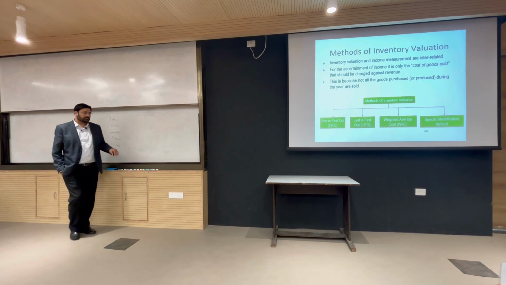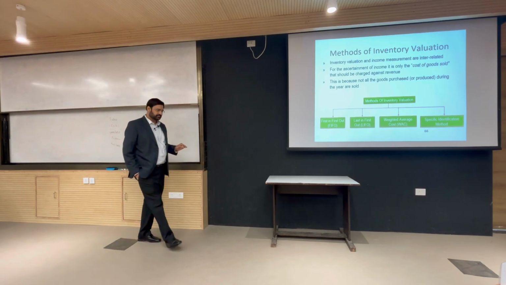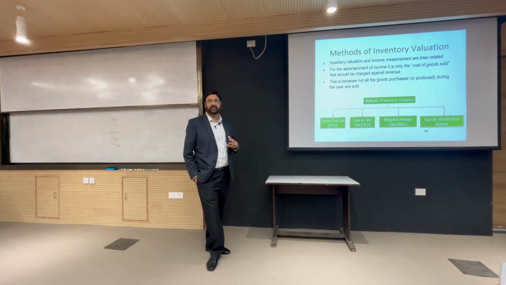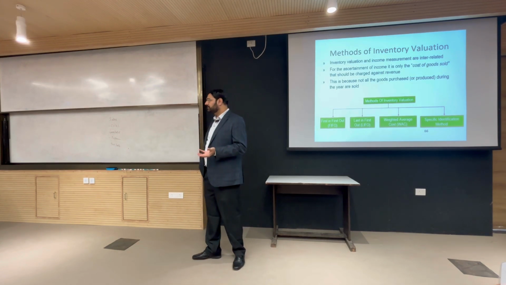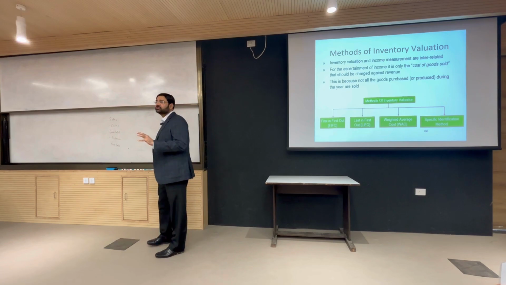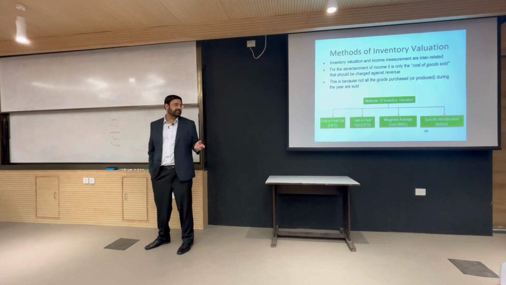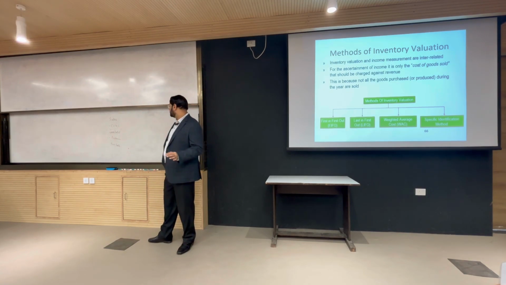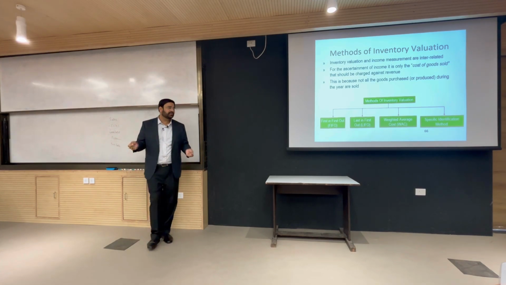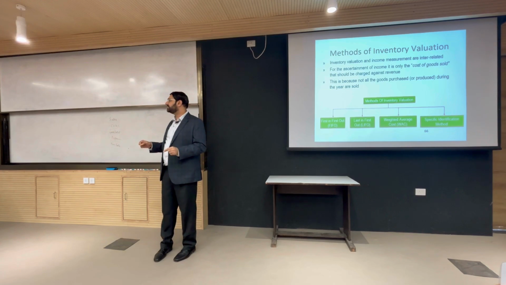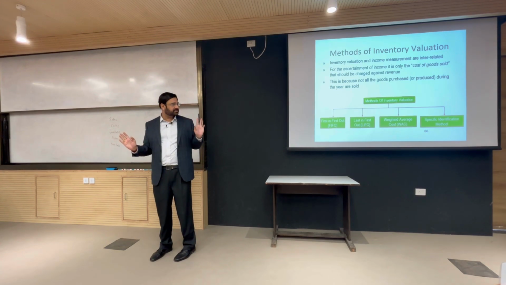And whatever things that you buy, when you value them, for the things that are sold, they will go, of course, to sales, but for the things that are sold, that will go under cost of goods sold, and for the things that are unsold, they will remain with you as inventory in your balance sheet.